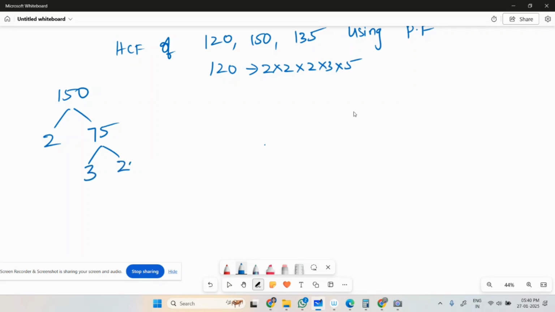So 3 times 25 is 75, and 5 times 5 is 25. So the prime factors of 150 are 2 times 3 times 5 times 5.